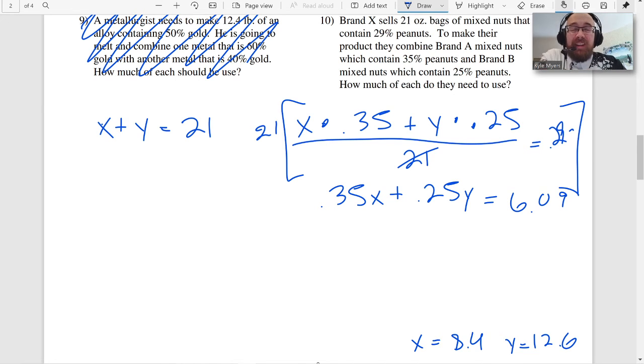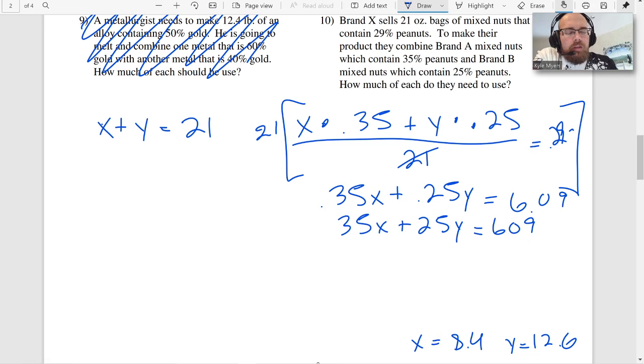However, you can just look up this worksheet and get the answers. You can just Google it. So let me show you what that would look like if we were gonna solve this by hand. Sort of. Still gonna use the calculator. We probably should multiply everything by 100 here. Yeah, so 35x plus 25y equals 609.